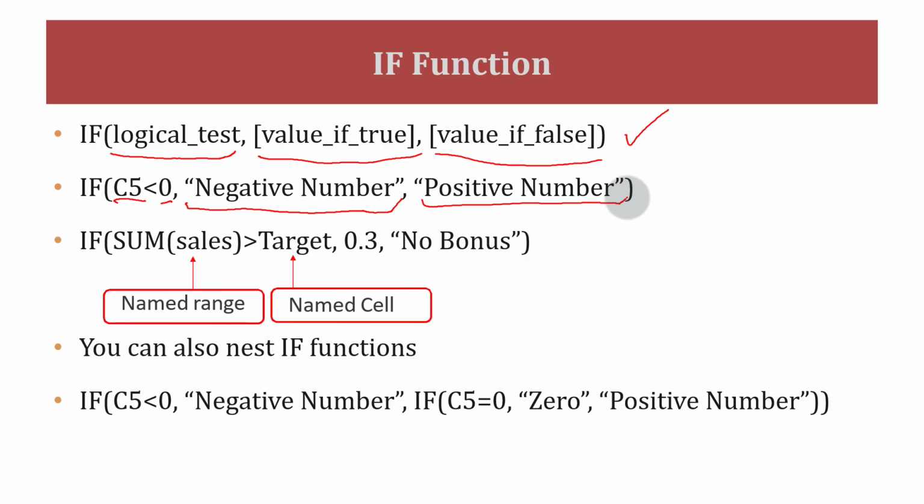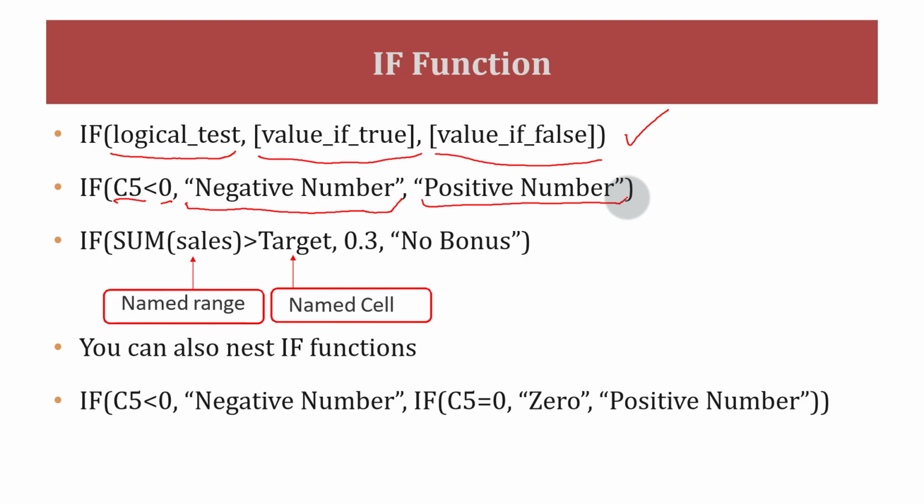So this is a simple IF statement that, if programmed into a cell, is going to reference some cell, C5, and perform a logical test on it. If that logical test is true, meaning C5 is less than 0, then this formula is going to return the phrase "negative number", which would be accurate, correct?